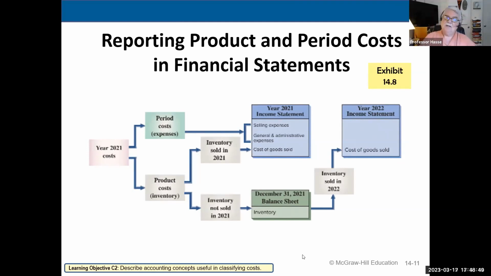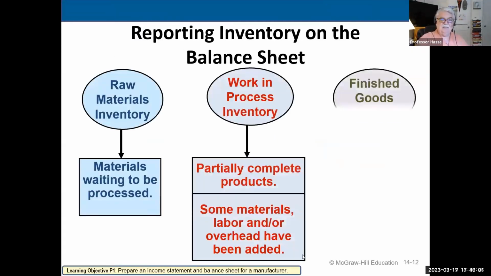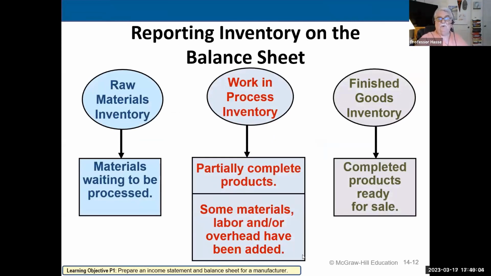This is what managerial accountants do. They take all the accounting data and they separate it into these different classifications. So on the balance sheet, as I said, you have three different types of inventory. At the end of the fiscal year, we have some materials that our purchasing agents ordered that are still sitting in inventory and they haven't gone to the assembly plant.